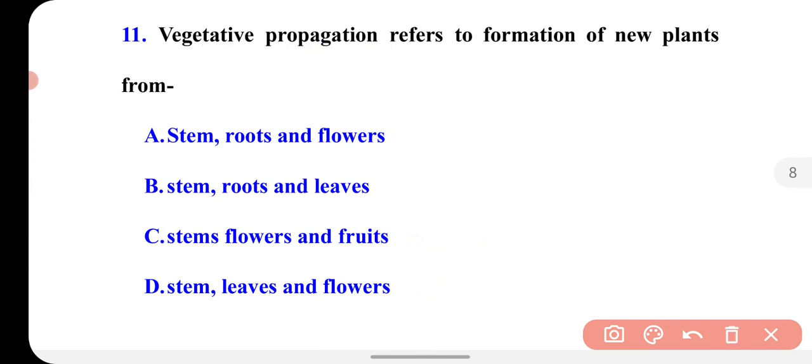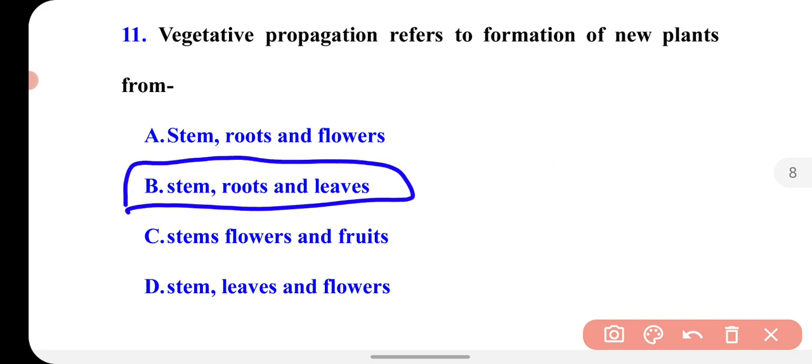In vegetative propagation only the vegetative parts of plants participate in asexual reproduction, and these are the stem, root and leaves. Flowers are the reproductive organs of the plant, and they participate in sexual reproduction. So you will not include the flower in vegetative propagation. You will write stem, root and leaf. This is the correct option.